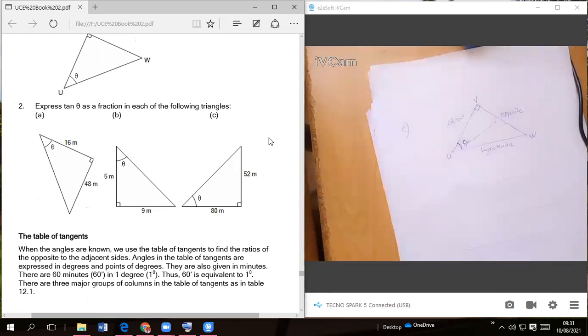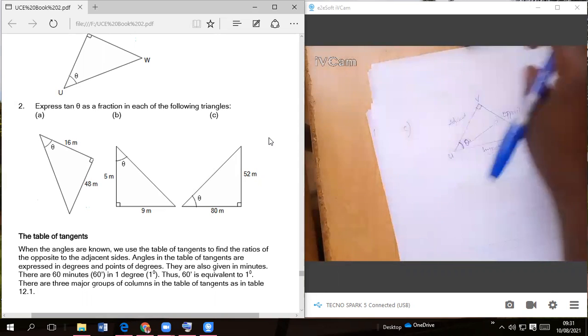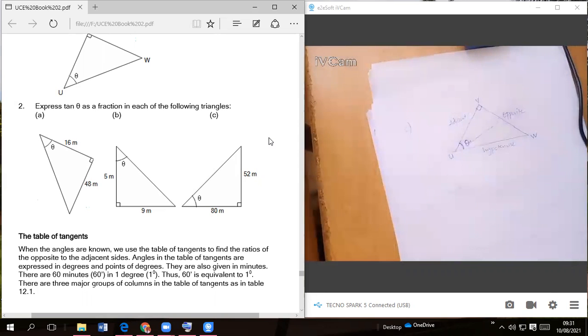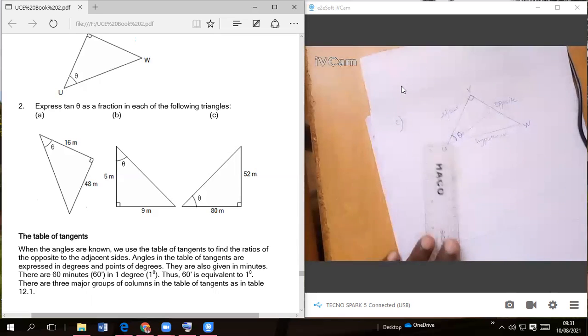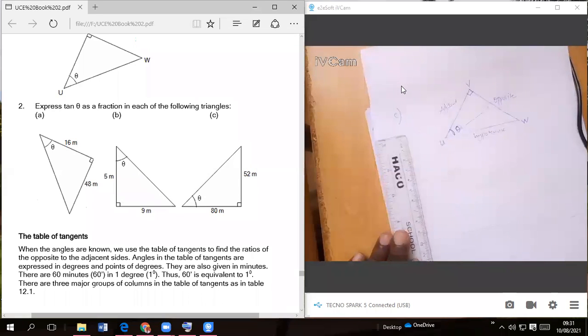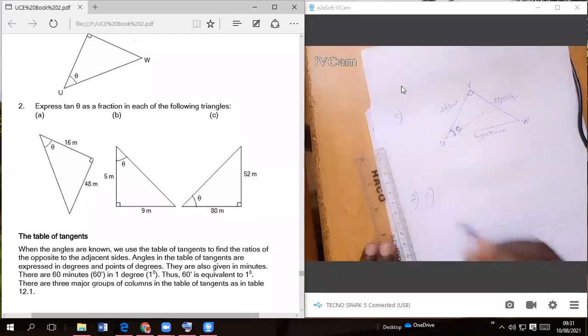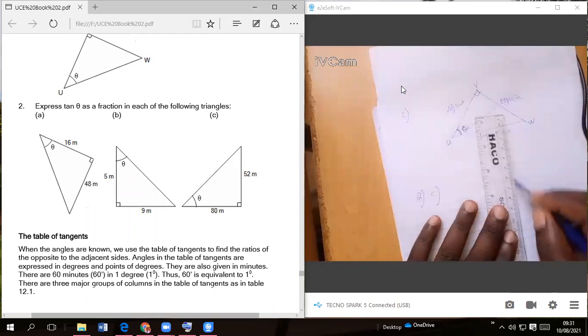So let me start with part C. I'll show you part C. So part C, which is number 2, part C. We have a triangle.